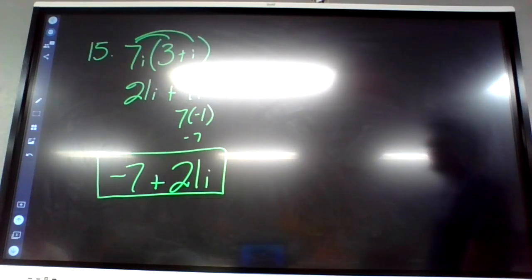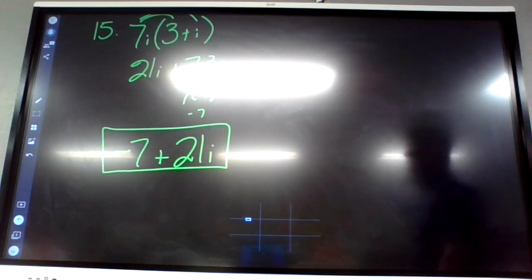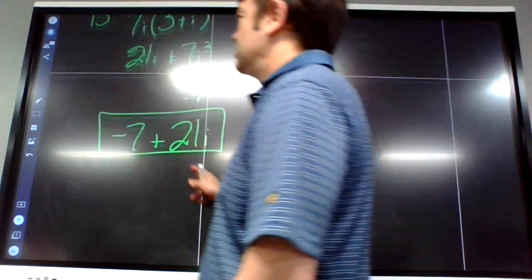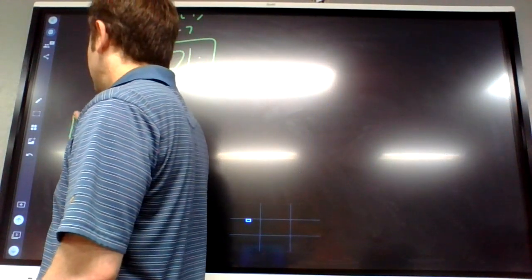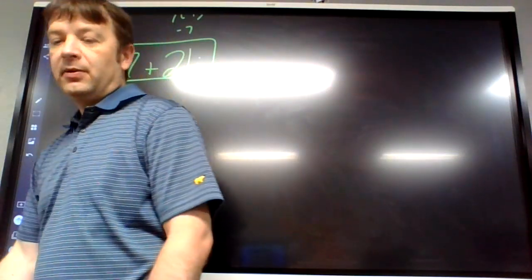So the only thing that's different is if you get an i squared, you have to change it to a negative 1. Otherwise, it's just like an x. Also like on 11, if you have a negative square root. We already did 17, so 19.